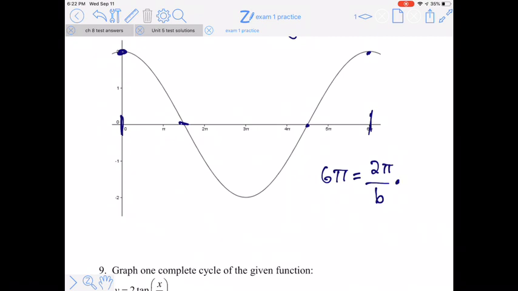If I solve this, I'm going to multiply by b on both sides. Now I've got b times 6 pi equals 2 pi. Divide by 6 pi, so b equals 2 pi over 6 pi. There's 1/3.